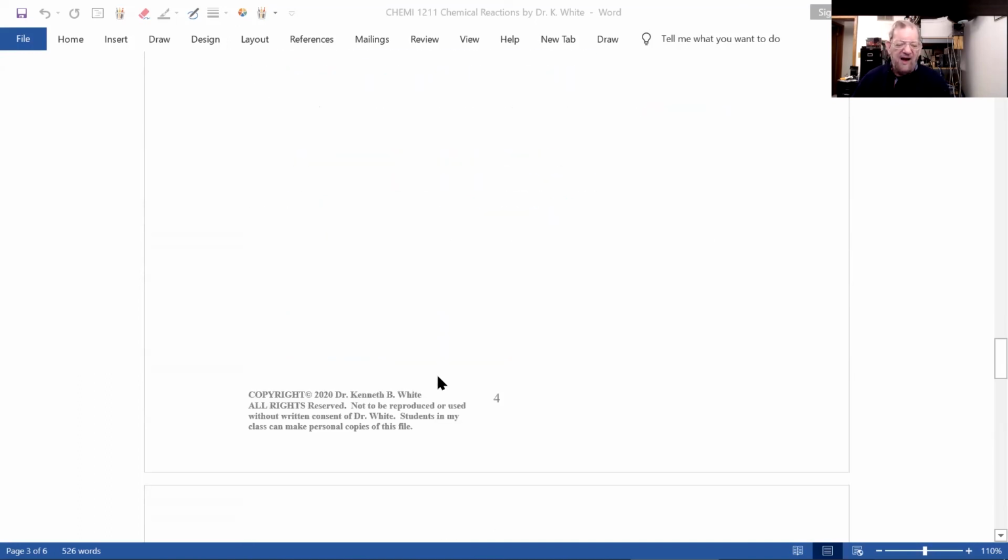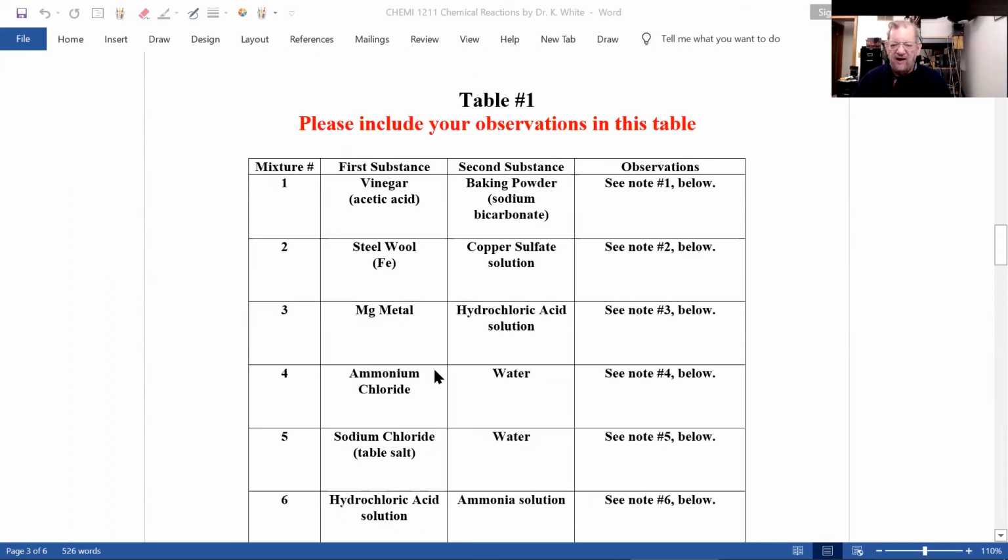All right, now, in this chart, based on either what you do yourself or from the video below, you should put, like for this one, was there a color change? Put down color change, and what color? Or was there gas formed, bubbles formed? Or was there a temperature change?